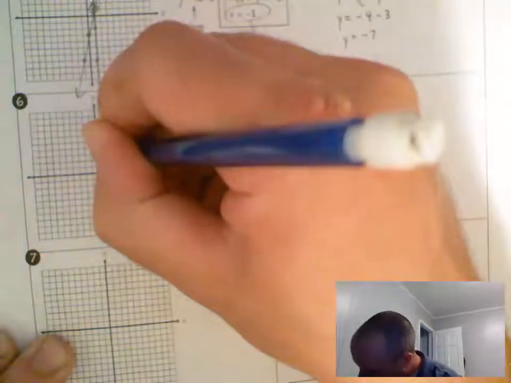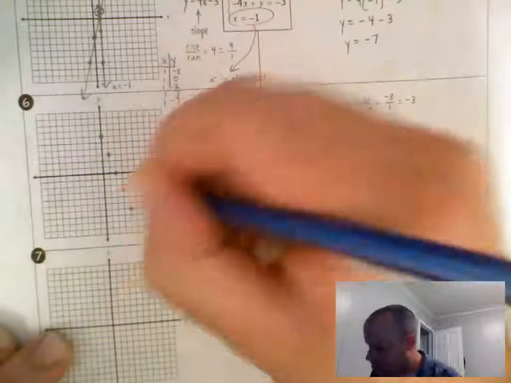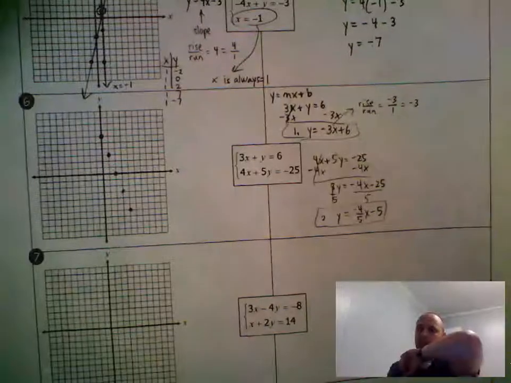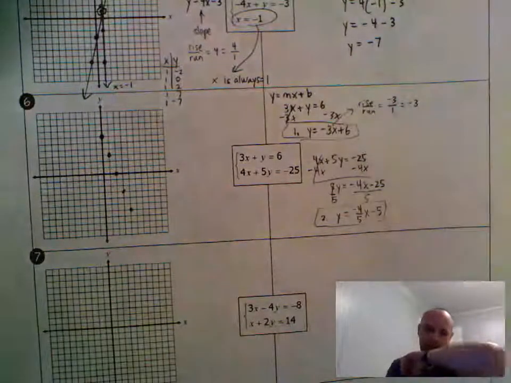So every time I run 1, I drop 1, 2, 3. I run 1, I drop 1, 2, 3. It's a 1 to 3 ratio, 1 over, 3 down, and make sure you don't get confused with your rise and your run. Make sure you don't do it 3 over and 1 down, okay?